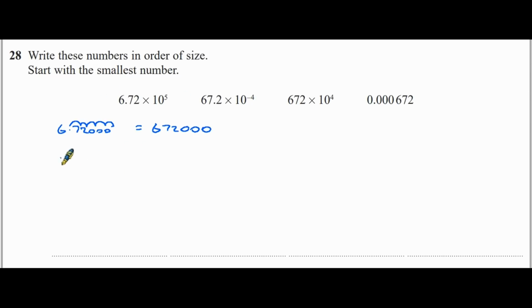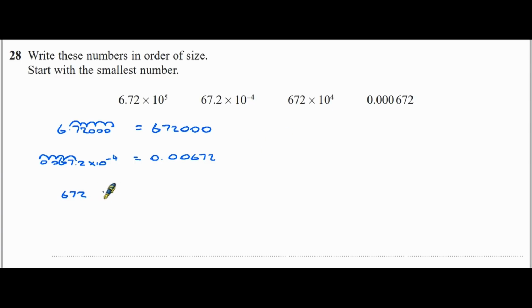The second one is 67.2 times 10 to the minus 4, which means we're going to move the decimal point 4 places to the left. 1, 2, 3, 4, and fill in the zeros. So we end up with 0.00672. The third one is 672 times 10 to the 4.